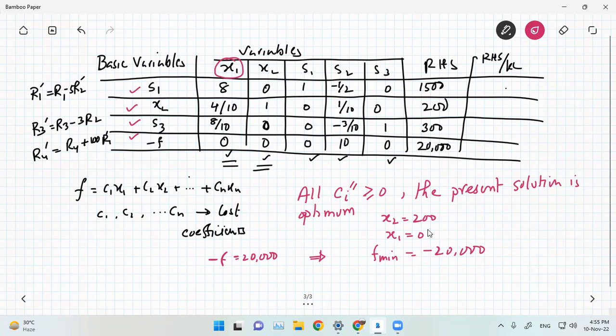So if the non-basic variable's coefficient becomes 0, in this case xi equal to 0, this is an indication that alternative solutions may be there.